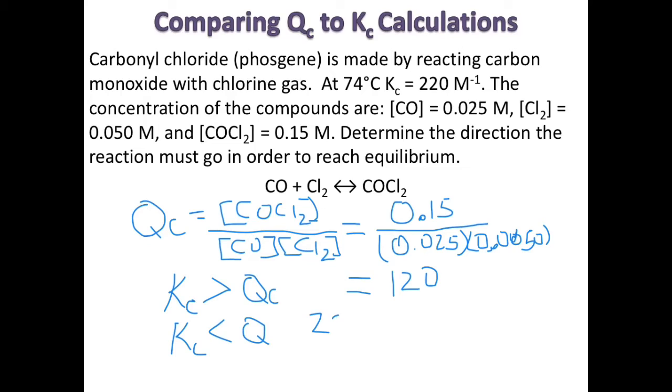So 220 is greater than 120. So the reaction needs to proceed to the right. That is, it needs to make more product so that the Qc will increase in value and become closer to the Kc, that is, equilibrium. So this is one of those cases where if you just looked at the raw numbers, they would confuse you as to the actual situation.